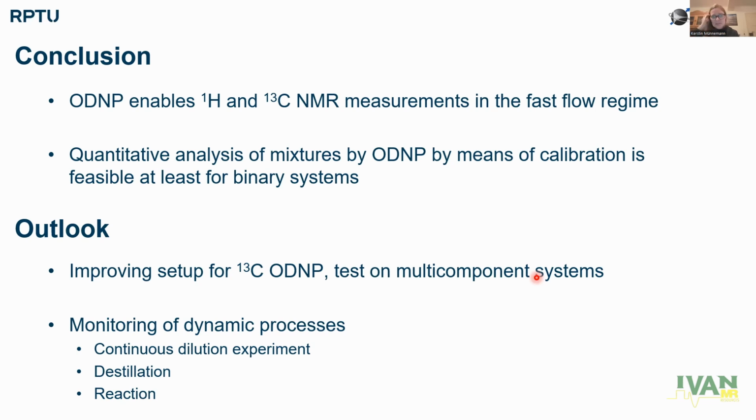So far, we did it only in binary systems, and of course, we have to go to ternary and quaternary systems, and so on. We definitely have to improve our setup for carbon-13 ODNP, and then we will start to monitor simple dynamic processes until hopefully in the end we get everything fit to do real reaction monitoring.